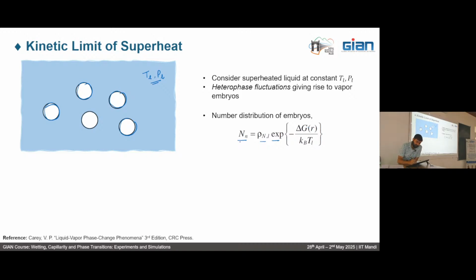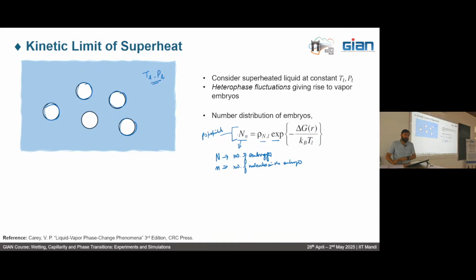Here capital N represents the number of embryos and small n represents the number of molecules in that embryo, so it simply defines a particular population.